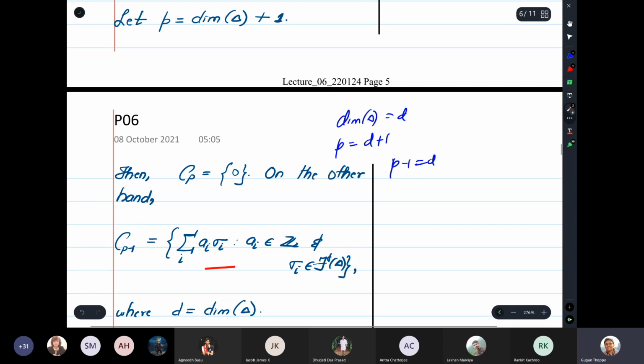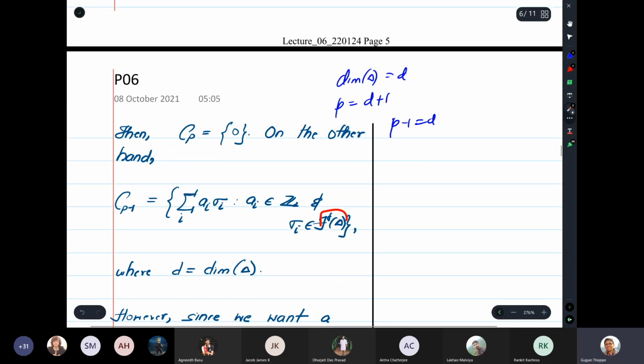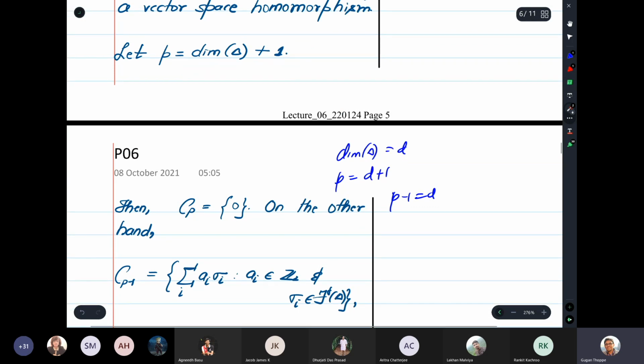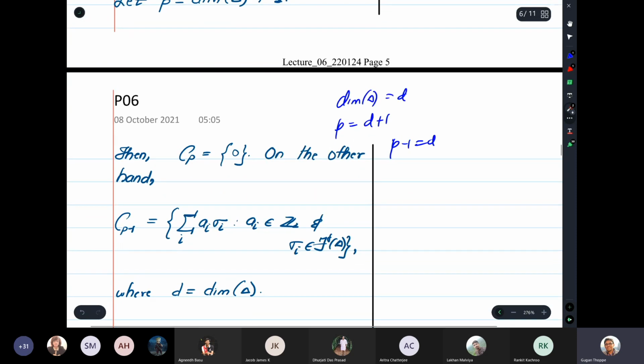It will be made up of these formal sums, because this collection of d-dimensional faces in delta is not going to be empty. That is the reason this Cp minus 1 is different to Cp, in that while Cp is the trivial vector space, Cp minus 1 need not be. So this is the reason why we are discussing this p case differently. Here it's not the case that both Cp and Cp minus 1 are trivial. Instead, Cp is trivial, whereas Cp minus 1 is not.